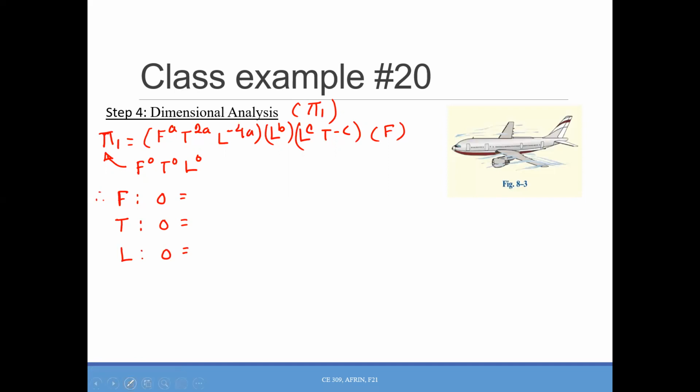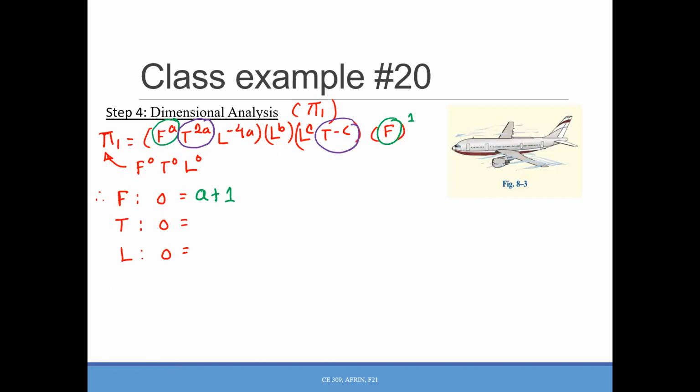Now we will identify what are the values on this side. For F, we have one F here and here. So this one is easy, A plus 1, okay? Because the power here was 1. For T, we have this one.